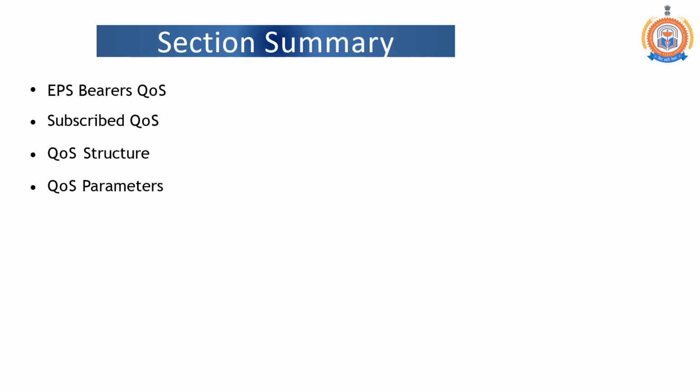It consists of QCI, ARP, and the bearer. These bearers can be further divided into two categories based on the different services, that is the GBR and non-GBR bearers. And lastly, we have introduced the details of each parameter, including QCI, ARP, GBR, AMBR, and MBR.